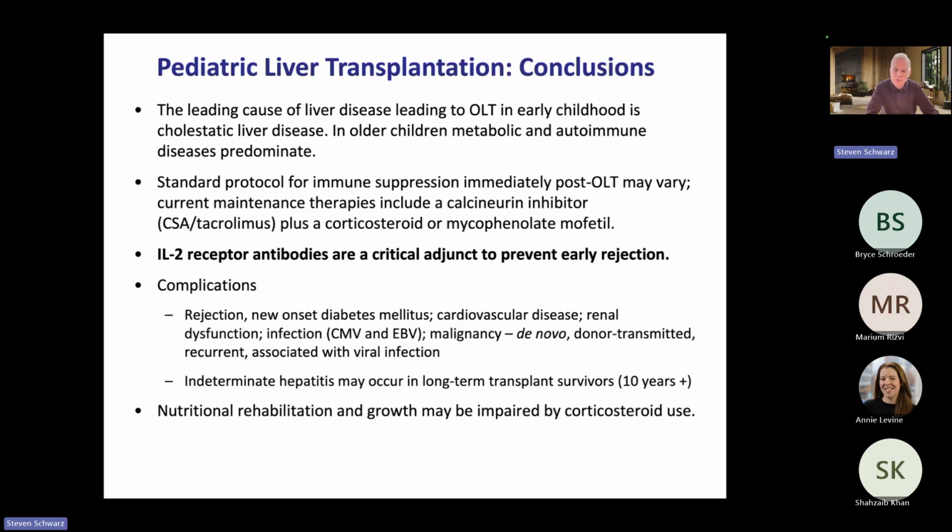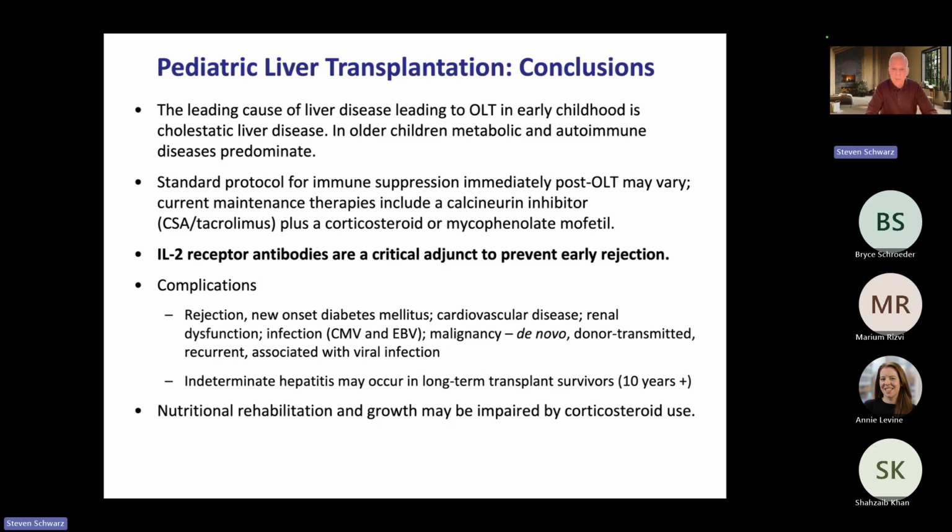The leading cause of liver disease leading to transplantation in early childhood is cholestatic liver disease, biliary atresia. In older children, metabolic and autoimmune diseases predominate. The standard protocol for immunosuppression, again, I discussed this with Dr. Khan, in the immediate post-transplant period may vary.